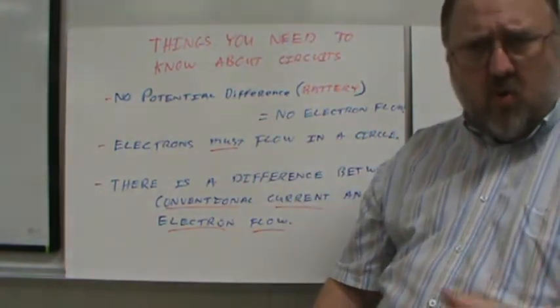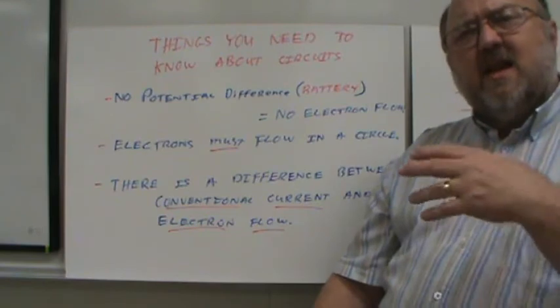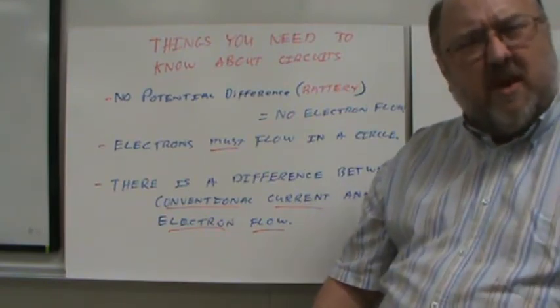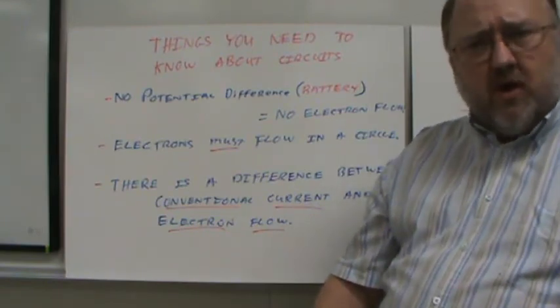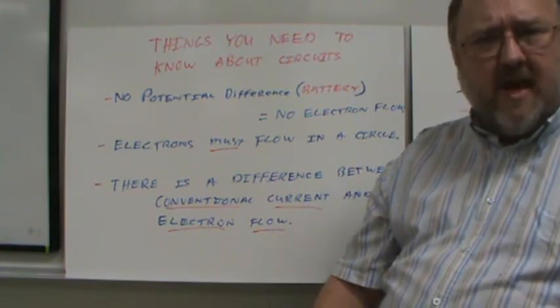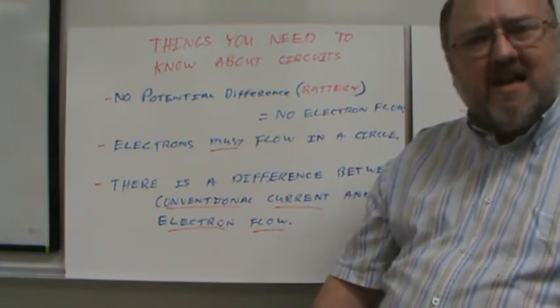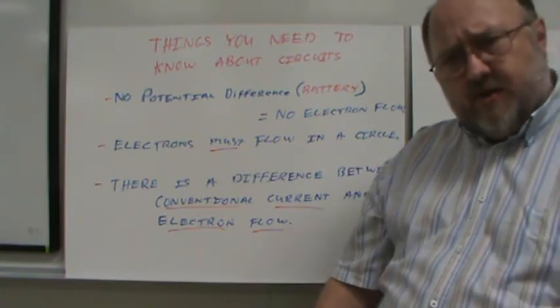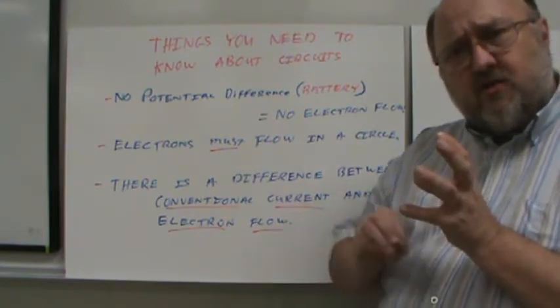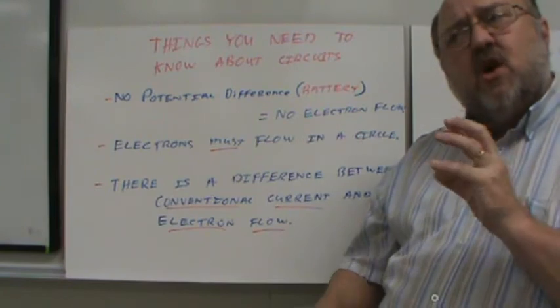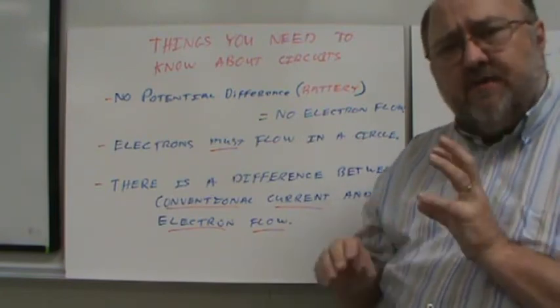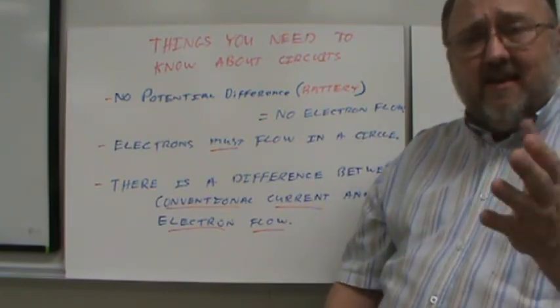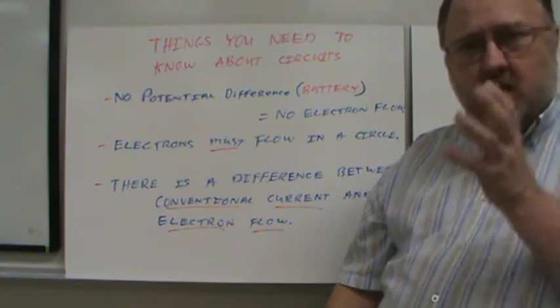Well, that was wrong, of course, but we're stuck with the same terminology. Because he arbitrarily called one positive and one negative, we talk about positive flow of current. But in truth, you and I understand the periodic chart now, and we understand that it's electrons that are easy to move, and so it's really the electrons flowing. And again, it's better than 200 years, and we're stuck with it.